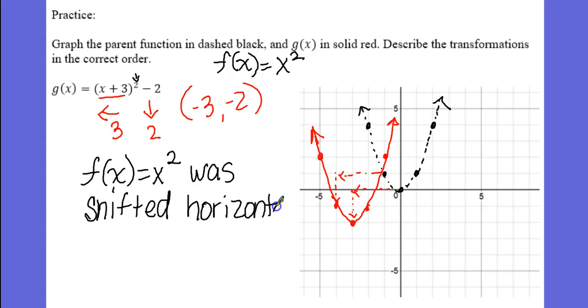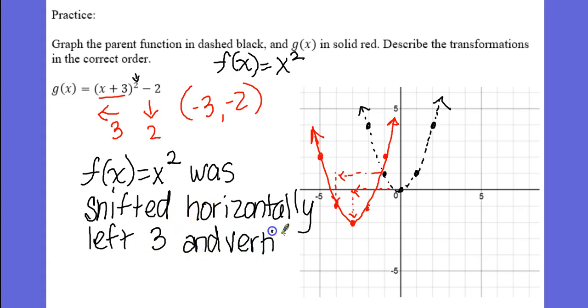I'm just being fancy. Left 3. Of course, that's horizontal, right? And vertically, down 2. This is going to be a requirement today.